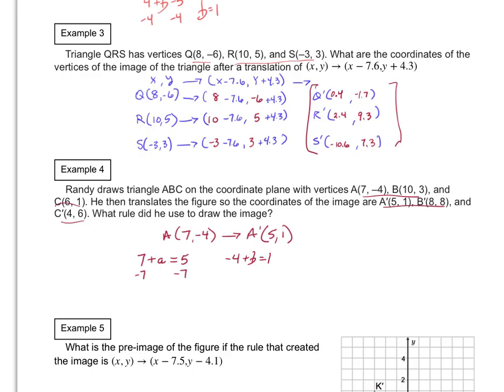Let's see here, subtract 7, and I know the A value is equal to -2. I add 4 to both sides, and I know my B changed by a value of 5. So what rule did he use? Well, my x, y mapped to x minus 2, y plus 5.